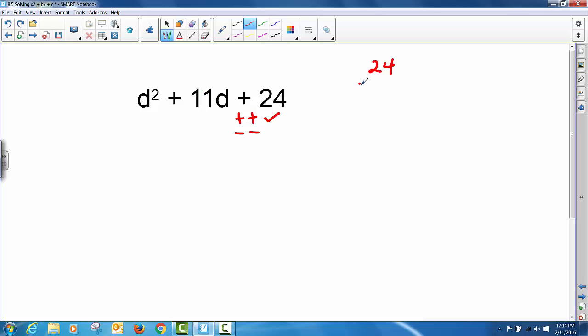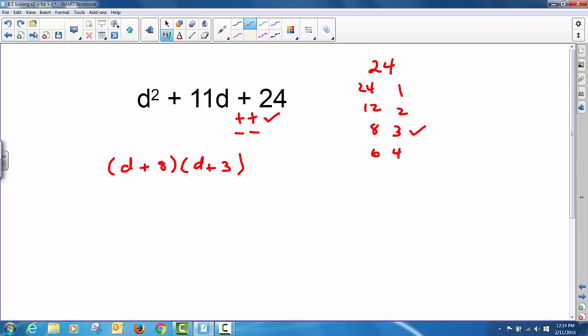So we've got 24 and 1, 12 and 2, 8 and 3, and 6 and 4. 8 and 3 add up to 11. So we put d and d. And in the middle we put a plus, and then we put our 8 here and our 3 here. Did you get that?